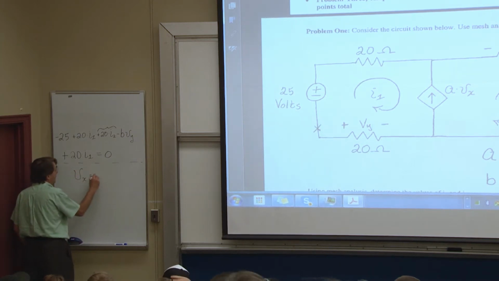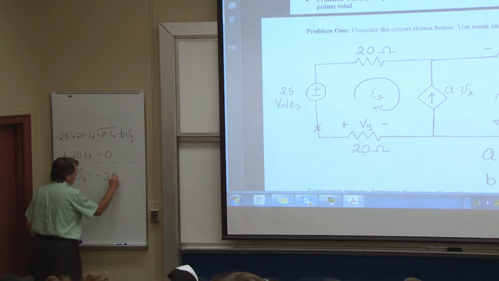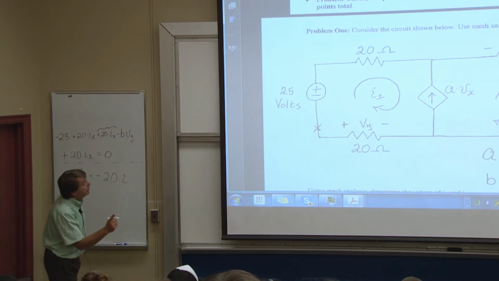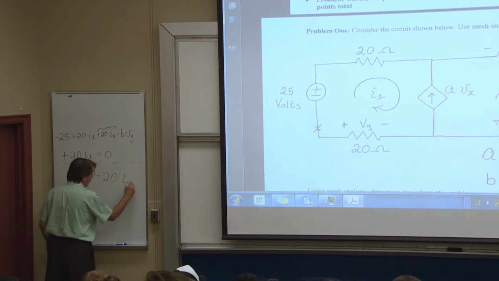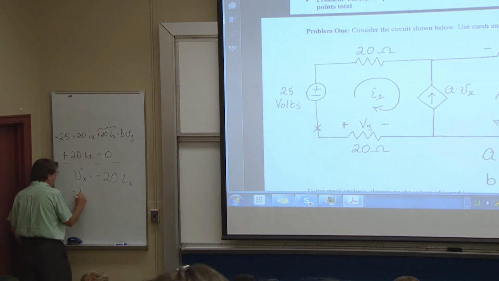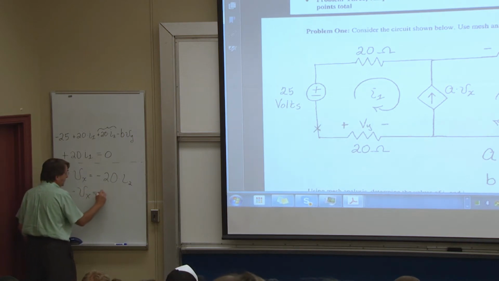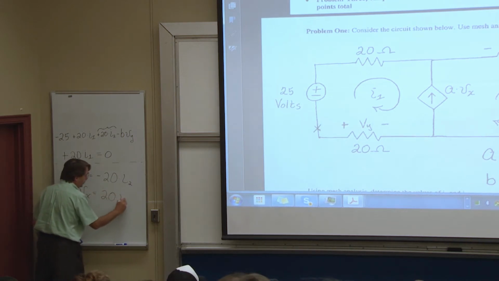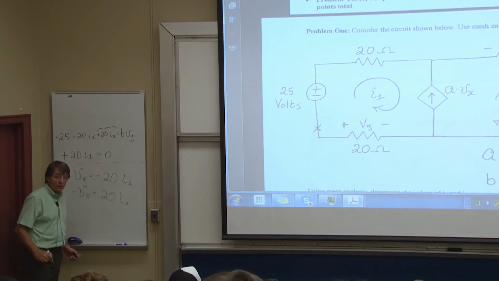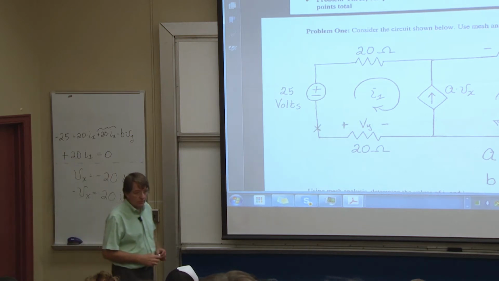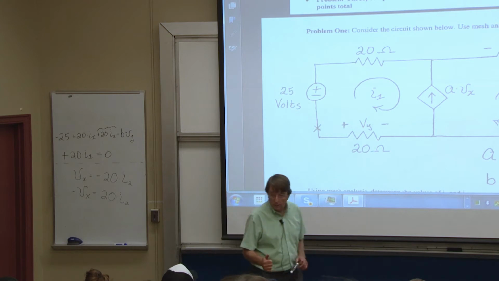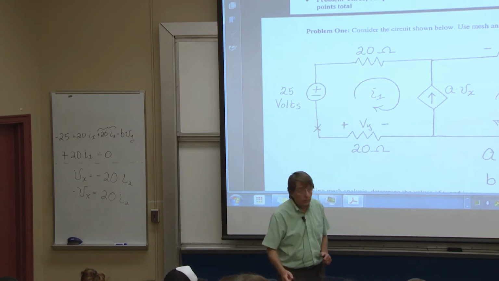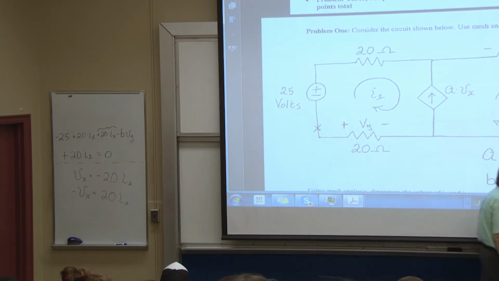Vx equals negative 20 times I2, or equivalently, as you just said it, minus Vx equals 20 I2. Are we good? All right. Now, that's the second equation.